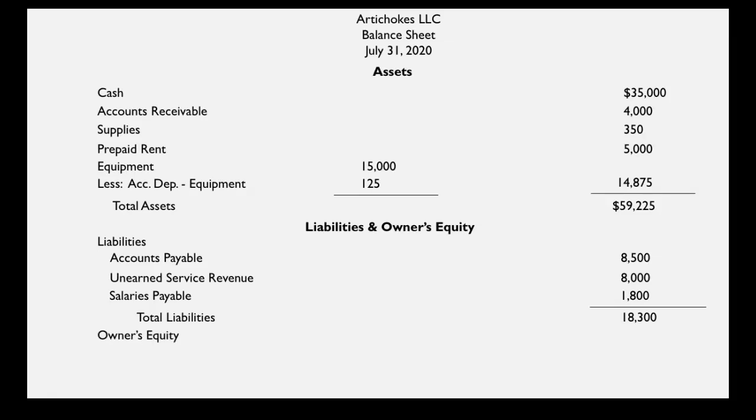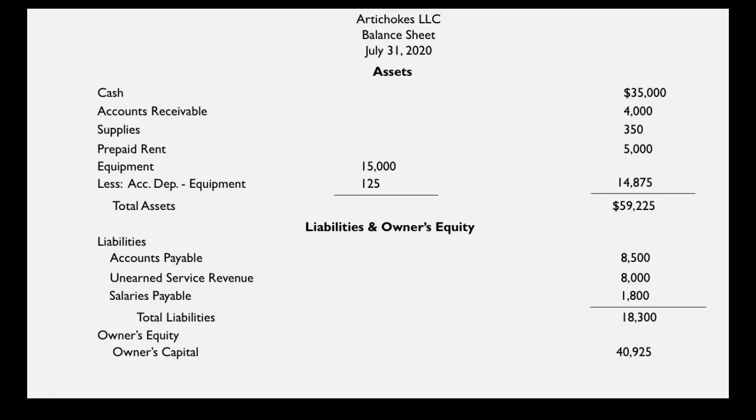After our liabilities, we want to start listing out owner's equity. Owner's equity is an umbrella, just like assets or liabilities. The account that we're going to be listing here is our owner's capital. So we have that owner's capital amount from our owner's equity statement that we prepared on the last slide. So that's why we needed to make the owner's equity statement before making this balance sheet.